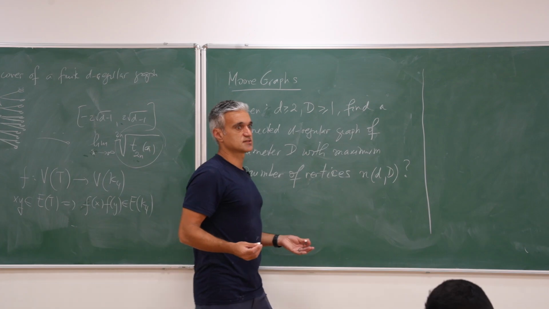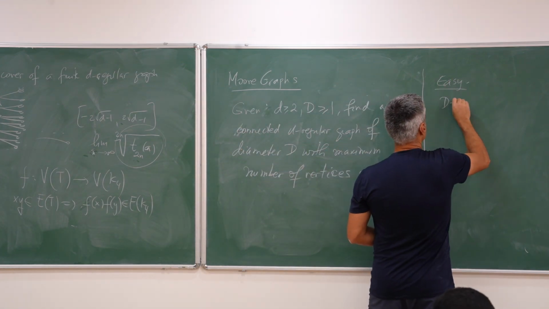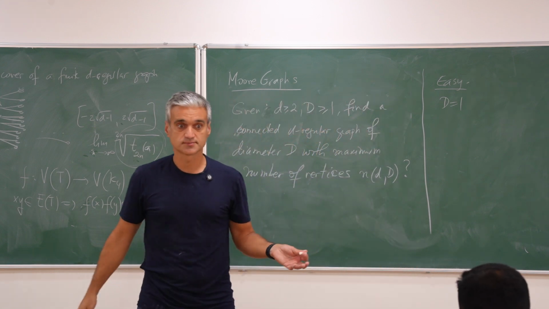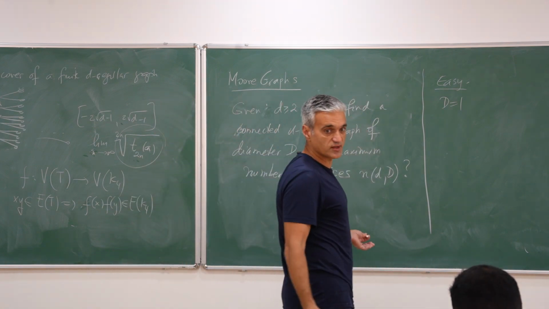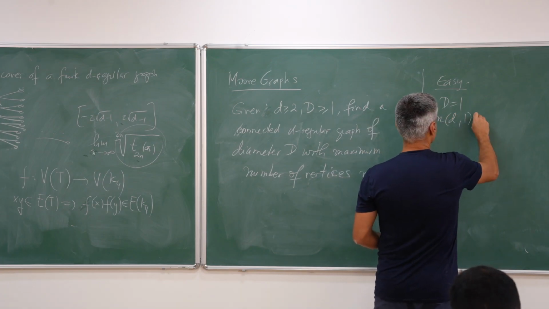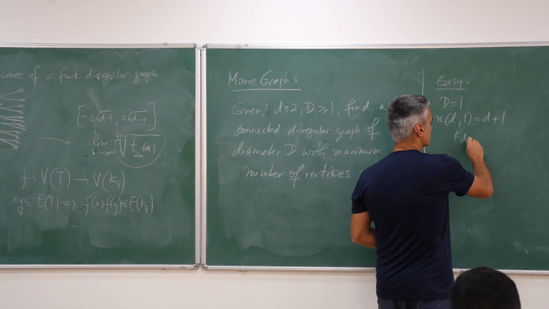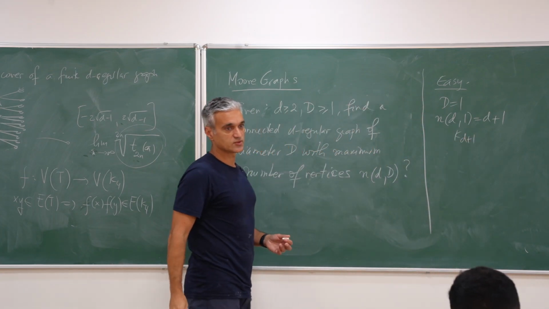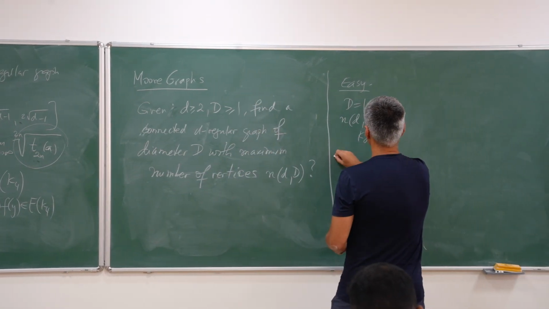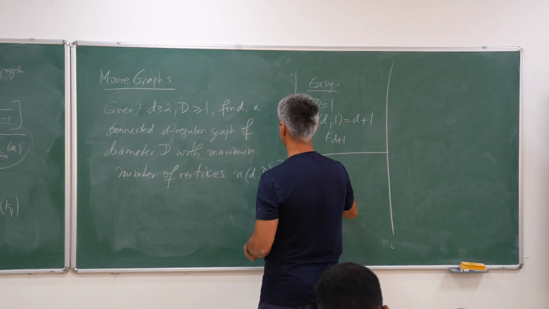Okay, easy stuff. D equals 1, there's only one graph. What graph do you know with diameter 1? Complete graph, and d-regular, so n of d, 1 is d plus 1, because there's only one graph, complete graph K_{d+1}. Okay? Another easy case, d equals 2.